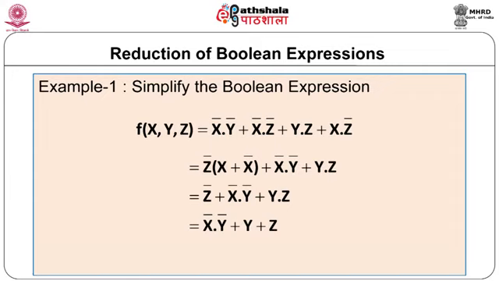Now, by using absorption law, we can show that y bar is absorbed from the 2 terms. So, thereby we get the final expression as x bar OR y OR z bar.